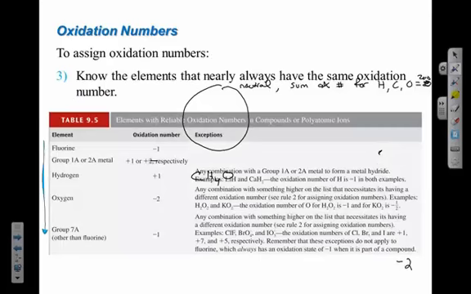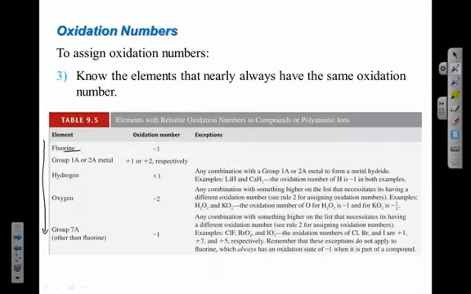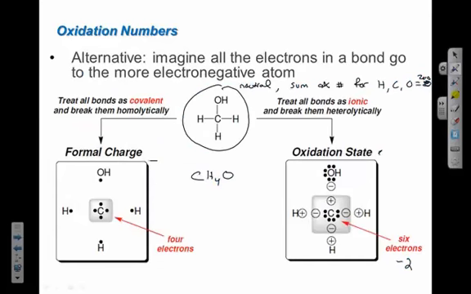And then I would go to my list of rules and start assigning. So there's no fluorine, I skip that. There's no metal, I skip that. The next thing is hydrogen. Hydrogen should usually have an oxidation number of +1. So I assign a +1 to each hydrogen. And since there are 4 of those, that gives me a 4+ total.